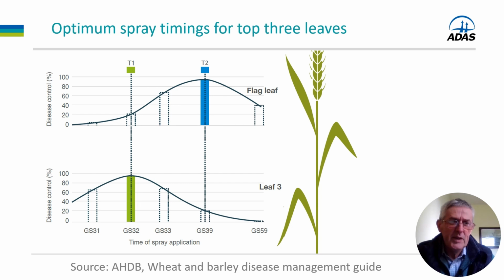And what we can see is that the T1 timing at the emergence of leaf 3 is providing optimal control on leaf 3 and good forwards protection on leaf 2, and the T2 timing is optimal for controlling disease on the flag leaf and providing useful eradicant control on leaf 2. Therefore, these 2 treatments are combined to provide control of the critical leaves on wheat.